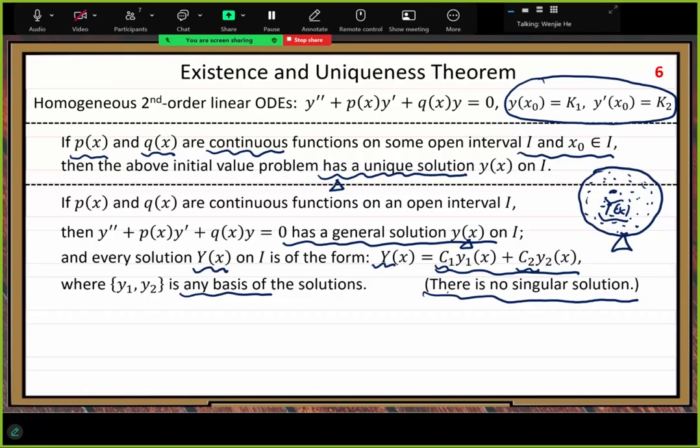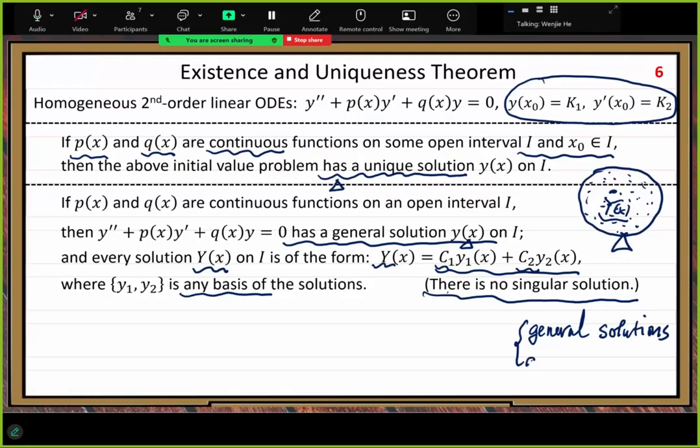You know the general solution and a particular solution, that relationship, right? So this concept is related to the relationship between them. Usually we have infinitely many general solutions.